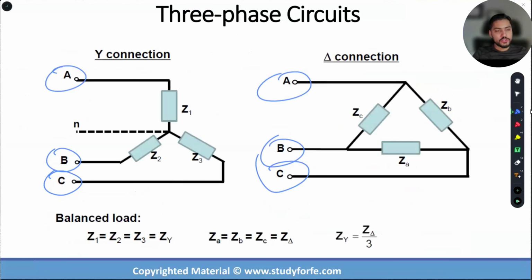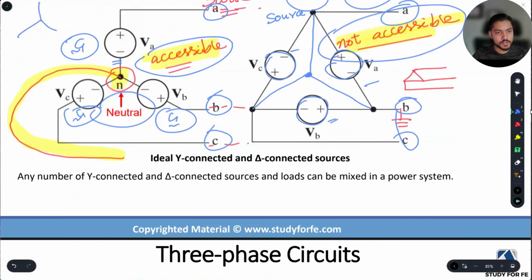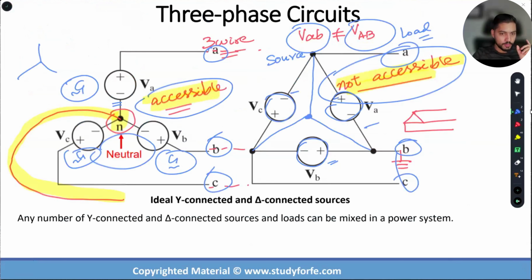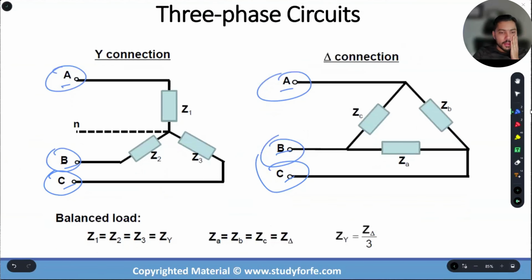Okay. All right. So capital A, capital B, capital C, they emphasize what? That we are operating on the load side. When we have small letters, small a, small b, small c, this emphasizes that we are operating on the source side. Okay.